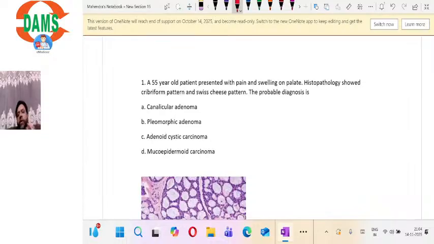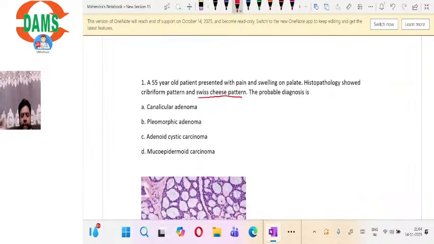Let me start with the first question. A 55-year-old patient presented with pain and swelling on the palate. Histopathology showed cribriform pattern and Swiss cheese pattern.